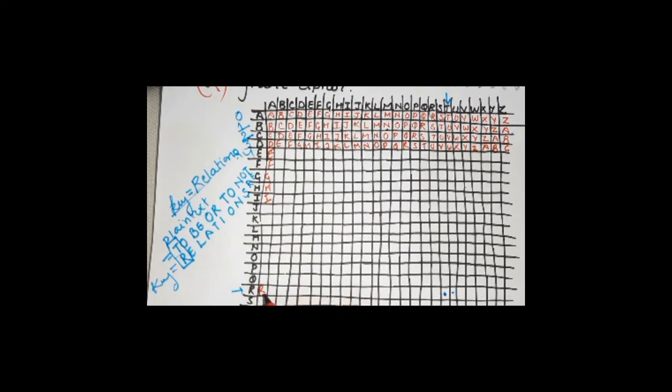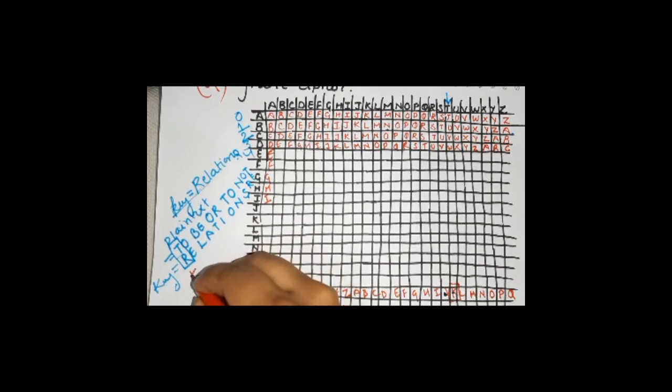It will start from R: R, S, T, U, V, W, X, Y, Z, A, B, C, D, E, F, G, H, I, J, K, L, M, N, O, P, Q. Okay, so the intersecting value for R and T will be K. I hope you can understand this. So, the ciphertext here will be K.